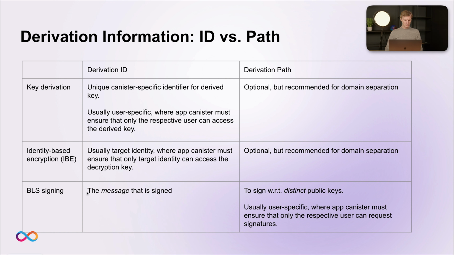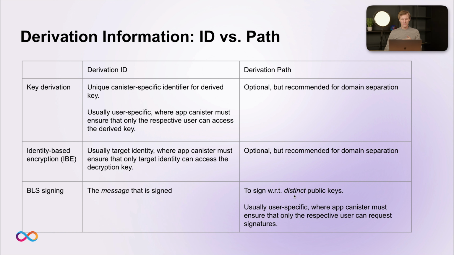And if the exact API that we've just seen is used for creating BLS signatures, then the derivation ID is actually the message that you want to sign. And the derivation path is used when signing with respect to distinct public keys, so that you can distinguish under which public key a particular signature can be verified.